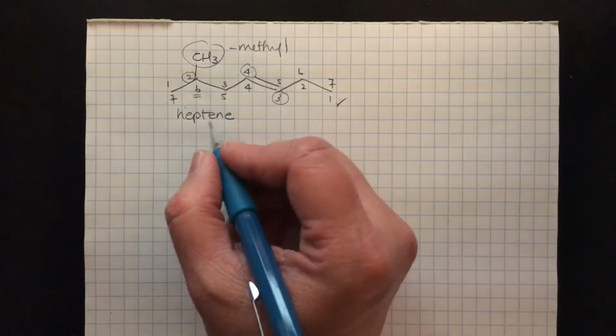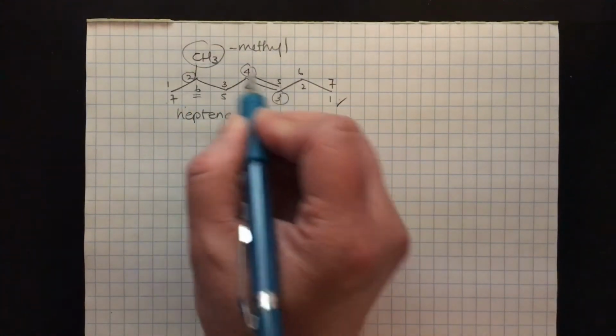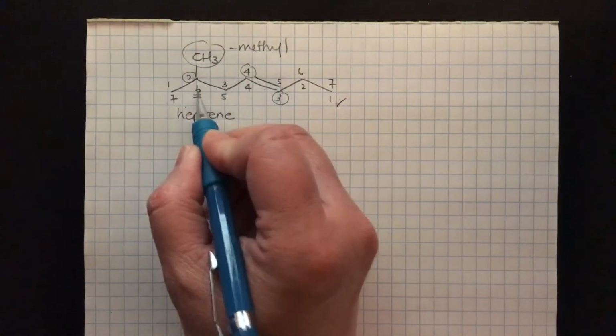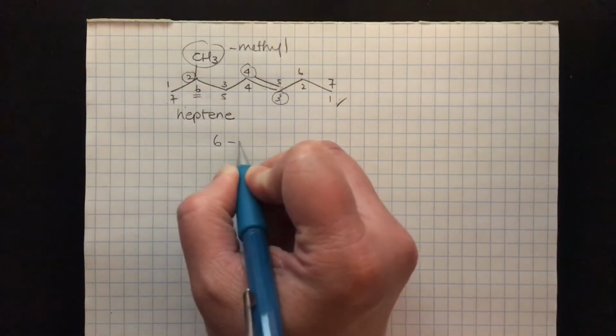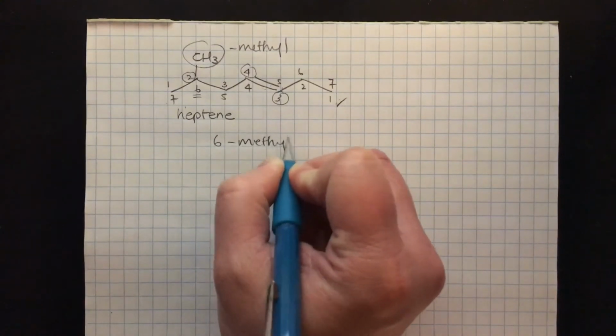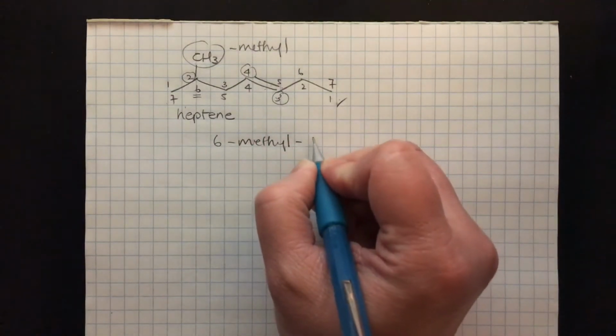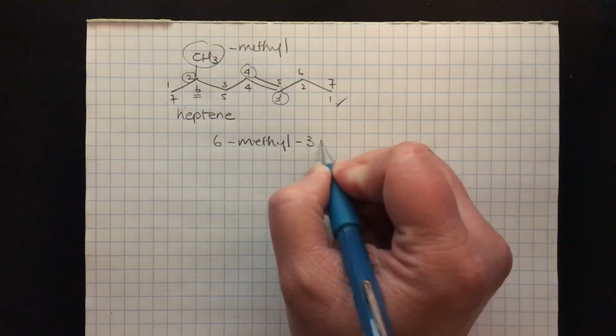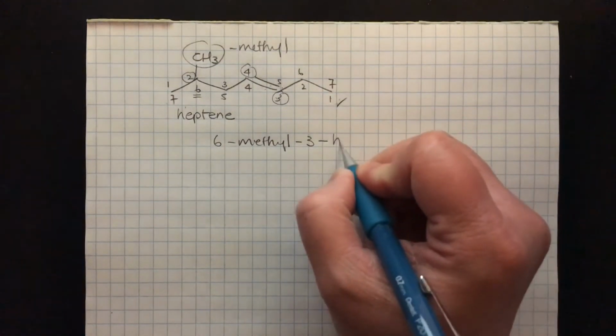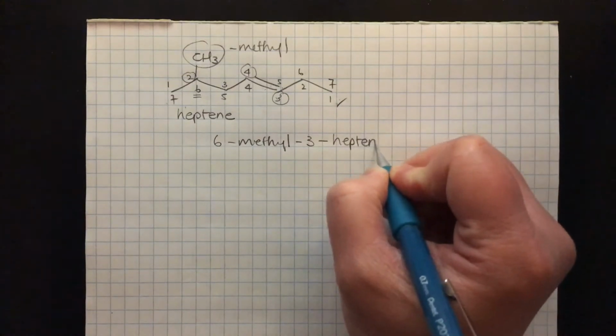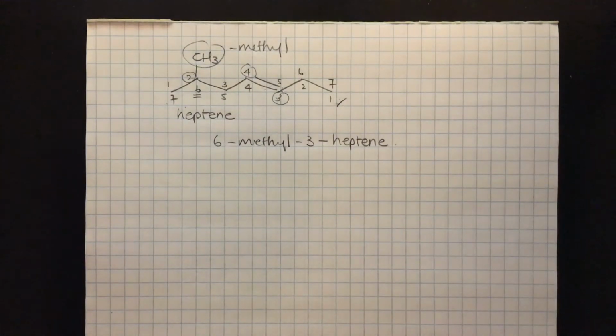First of all, we write the location of the methyl group, which is going to be at 6. So this will be 6-methyl. And then we write the location of the double bond. This one here is going to be 3, and this will be heptene. And that will be the name of this double bond molecule.